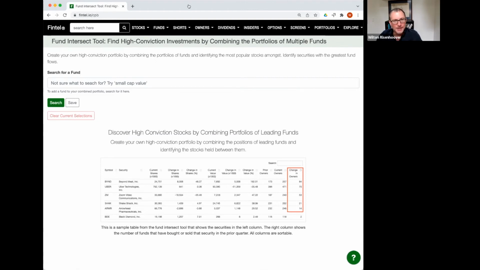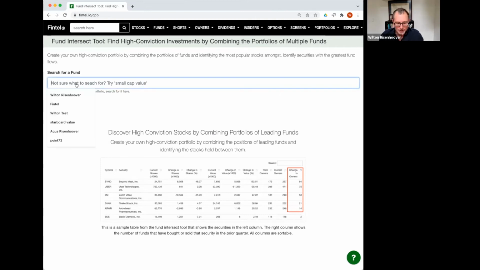The idea is this: if you take a bunch of different funds, look at their positions, and do an intersection of them to find all of the companies commonly held amongst those funds, you can oftentimes find really interesting ideas for investments. And you can do this with your own favorite fund.